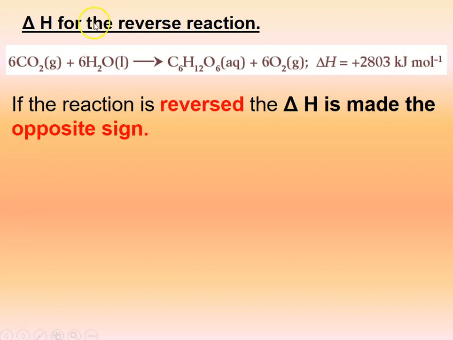All right, so the change in H, if we swap the equation around, so the reaction where you start with glucose and oxygen is what humans and all animals do, respiration. The reason that we're all hot is that we're releasing this energy as heat. We're undergoing an exothermic reaction inside of us.